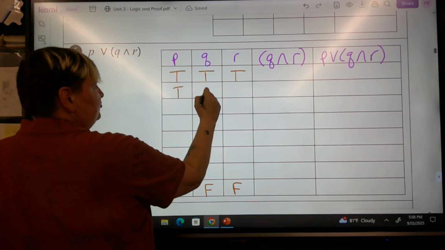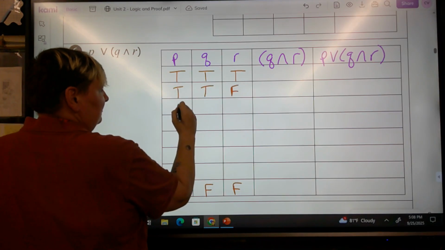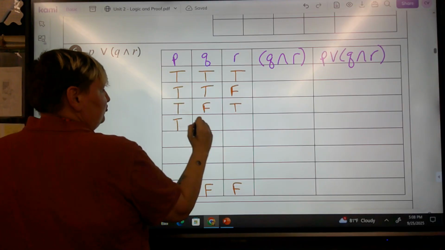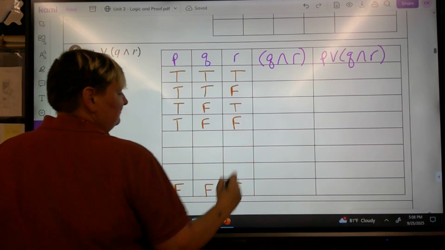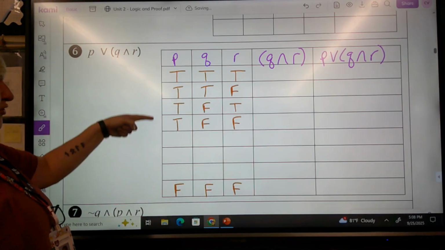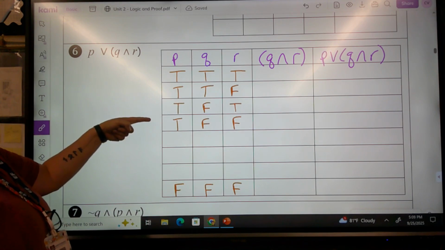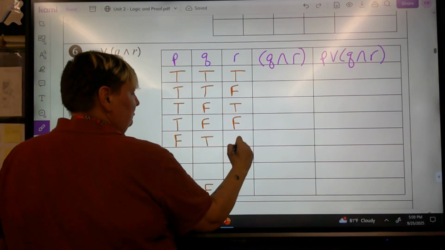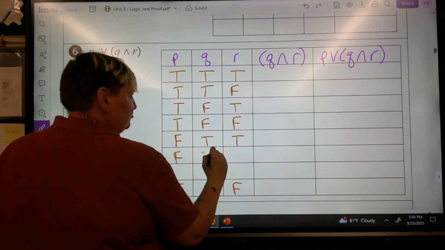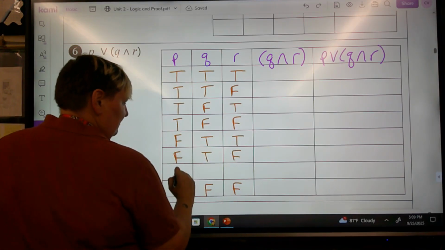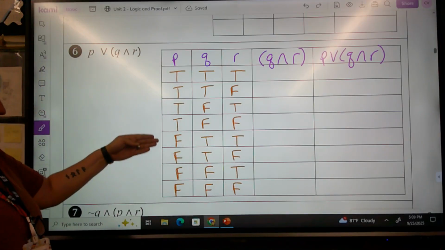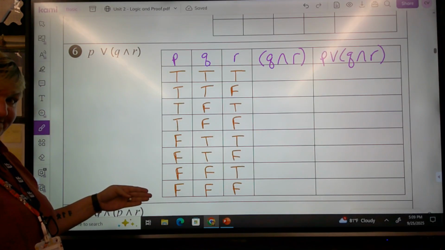They could be true, true, false, true, false, true, true, false, false. You should end up with 4 that start with true. And then you move on to the false. False, true, true. False, true, false. False, false, true. You should end up with 4 that start with false.